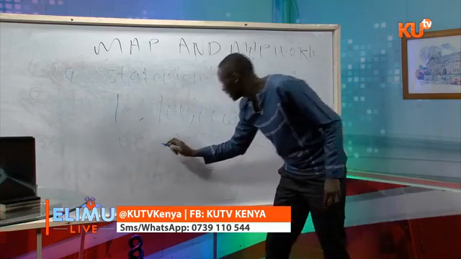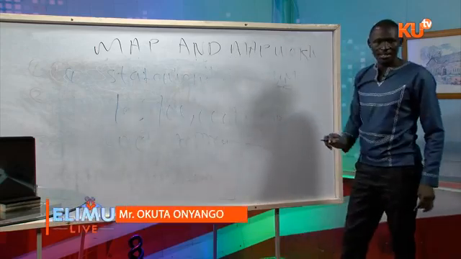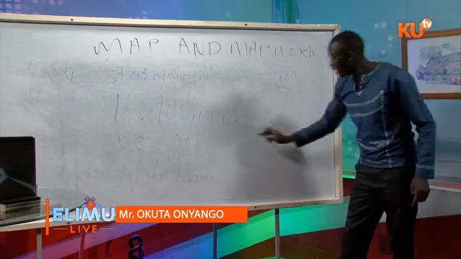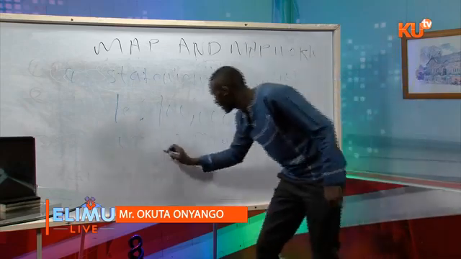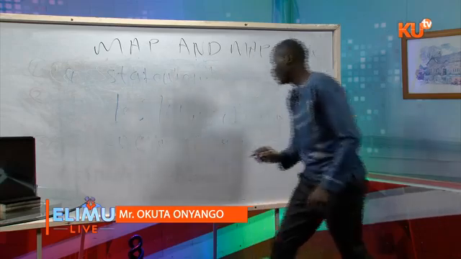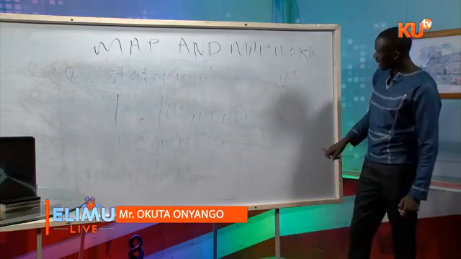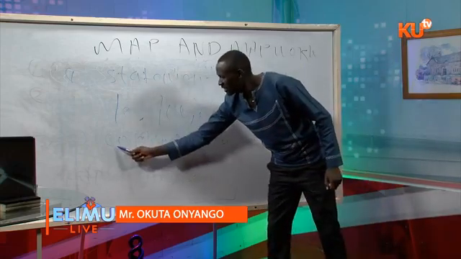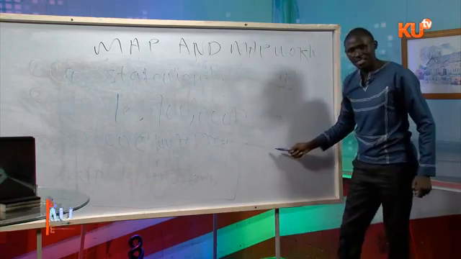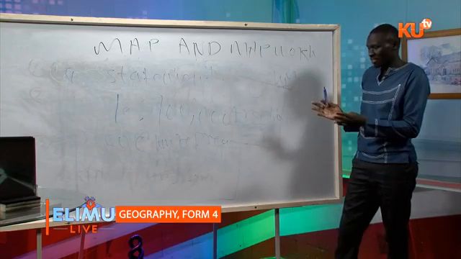1 kilometer represents 100,000 centimeters. You just say 1 kilometer, but you write in words in full, represents 100,000 centimeters, because remember you are reducing this.